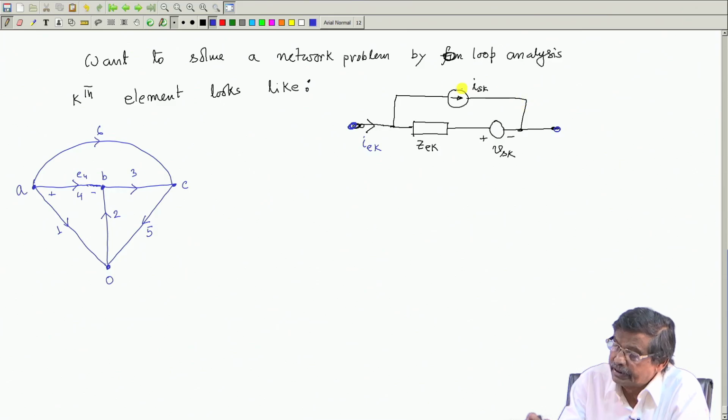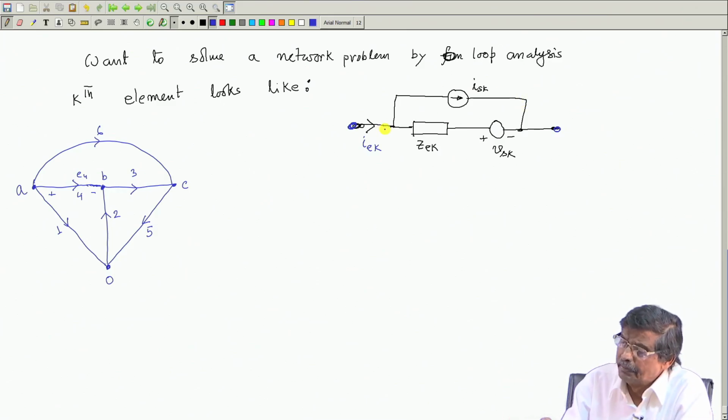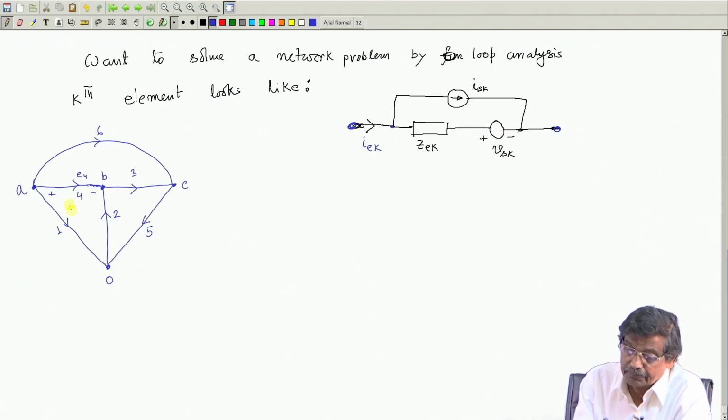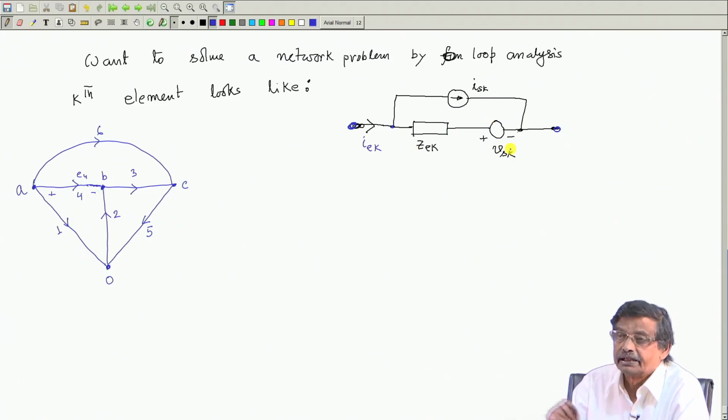Henceforth, this picture I keep behind the scene. I just replaced this whole thing by a line to understand the relationship of this current with different matrices like KCL and so on. In this particular element, this box was replaced by a line, but this box in general may contain the elements like this.